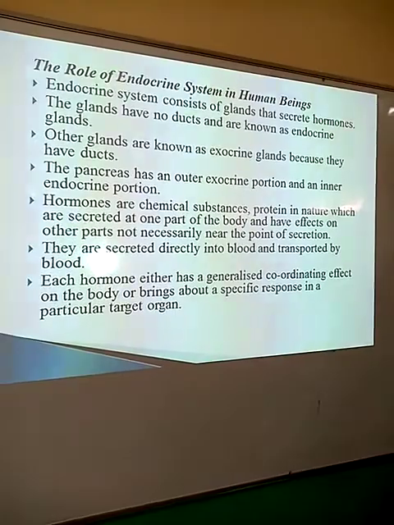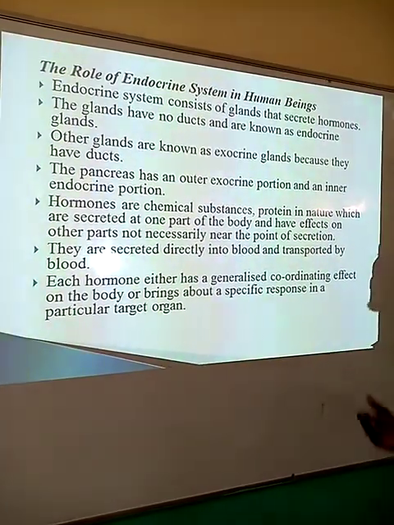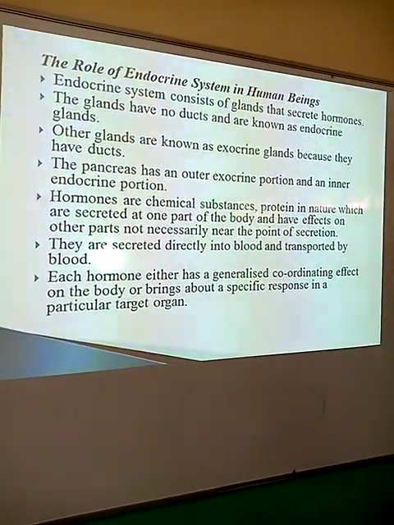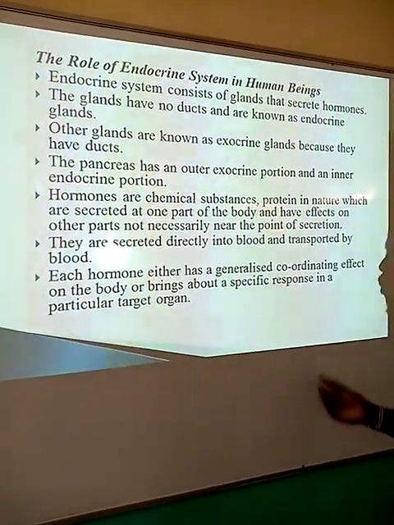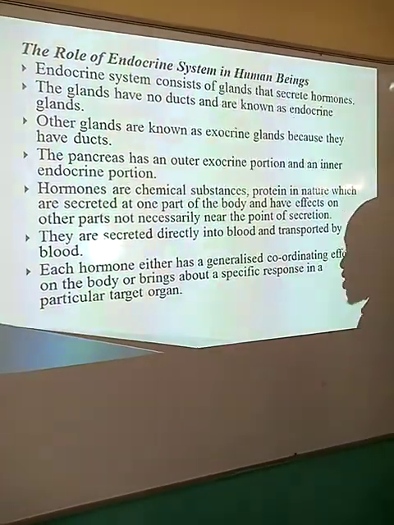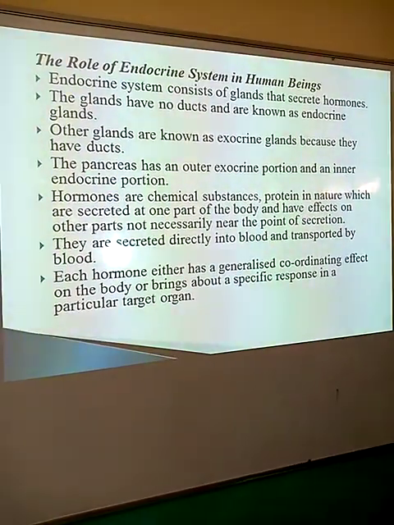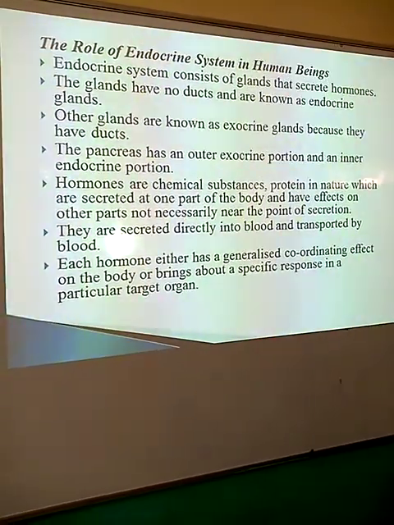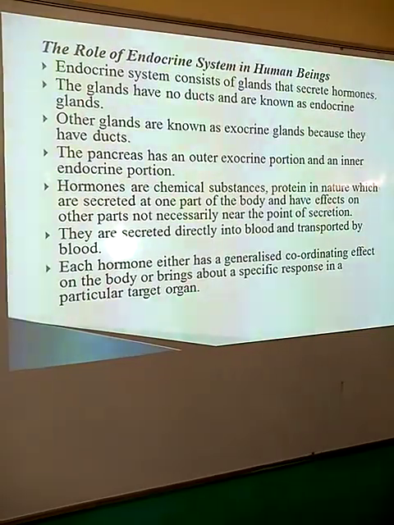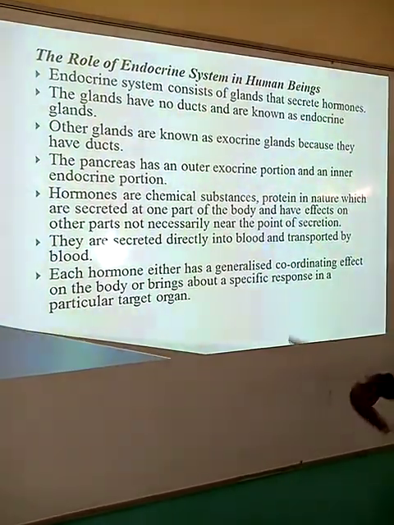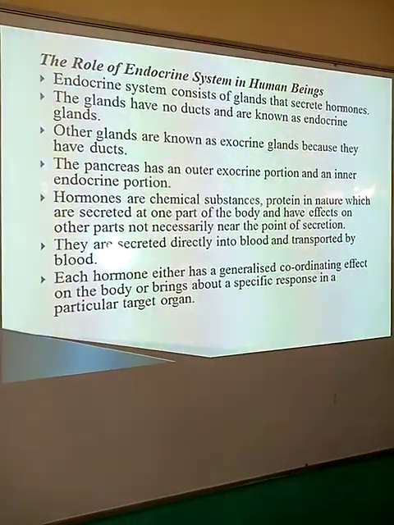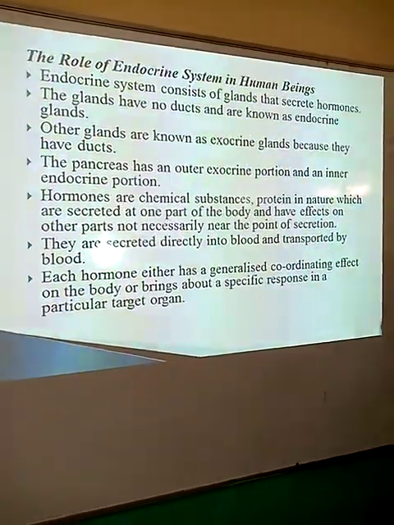So each hormone either has a generalized coordinating effect on the body or brings about a specific response in a particular target organ. One, we can talk about insulin, which is produced by the islets of Langerhans of the pancreas when the blood sugar goes above normal.